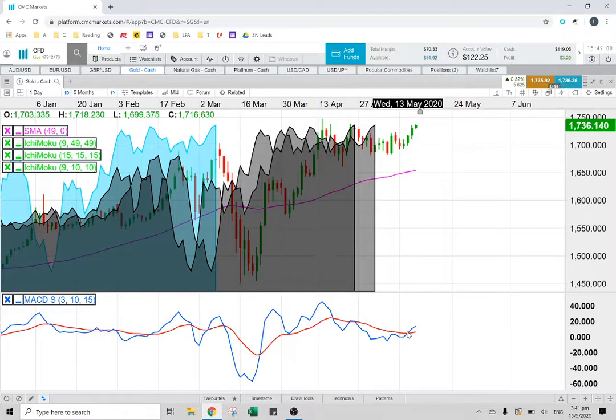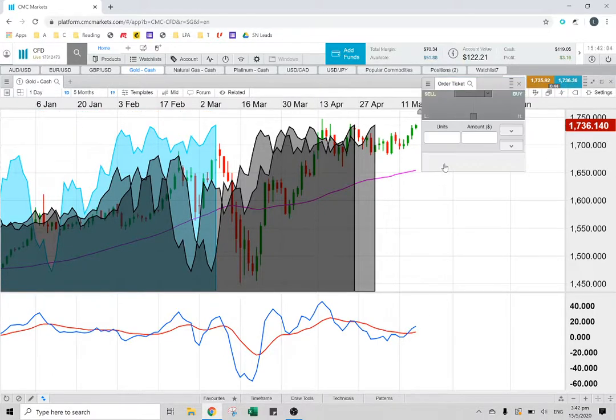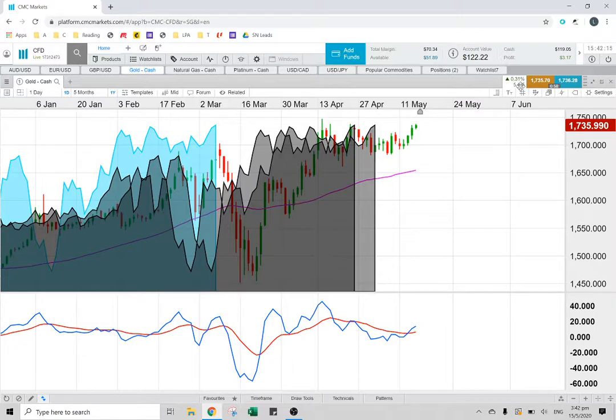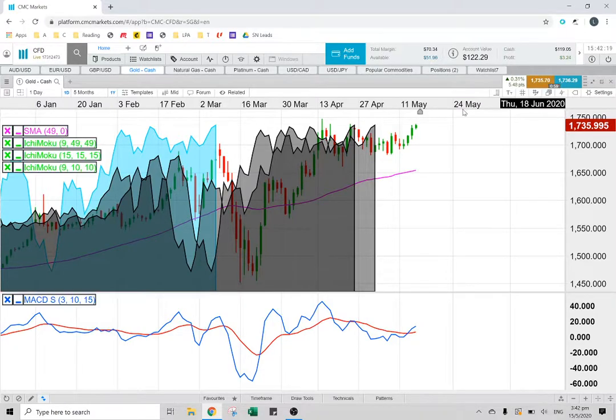I don't have the margin because gold is relatively expensive to buy. The margin required is 494. But if you have enough margin, I would buy based on the current price, which is 1736.